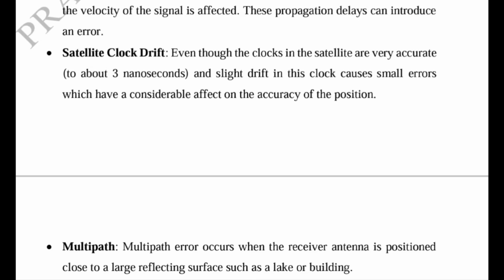As we know, satellites have very precise clocks, and if these clocks have a small error, then it will considerably affect the accuracy of the position. The satellites have very precise clocks with accuracy up to 3 nanoseconds.